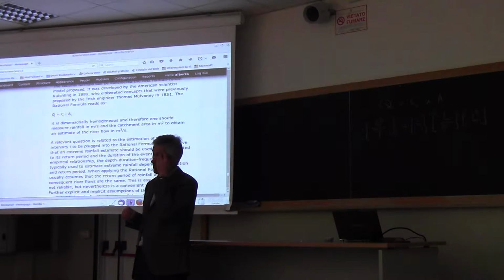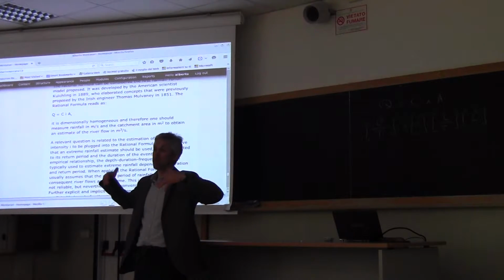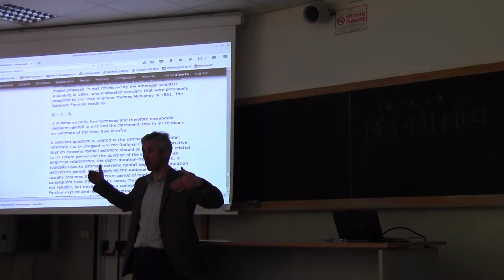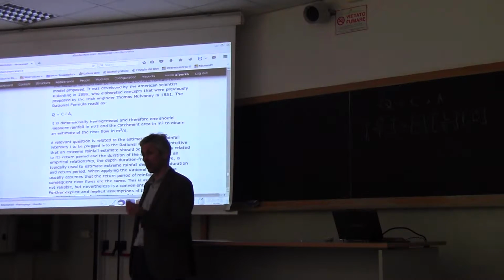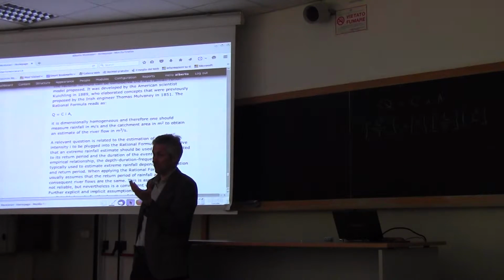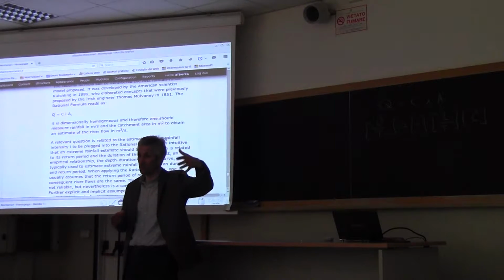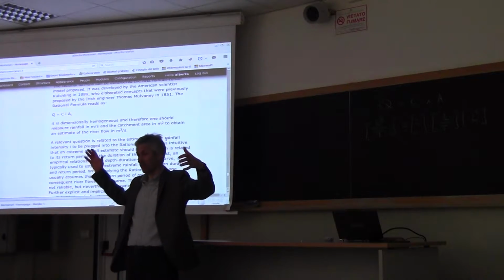Let me make an example. The Po River basin extends for, as I said, 70,000 square kilometers. If you get a rainfall of 1 minute over this area, typically it is not effective. Why is that? Because the Po River takes 3 days to bring the water from the Alps to the sea.